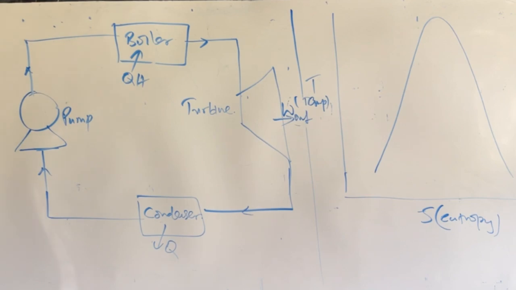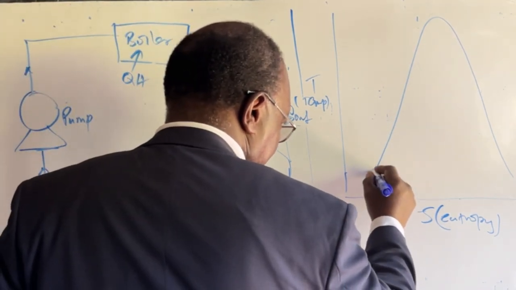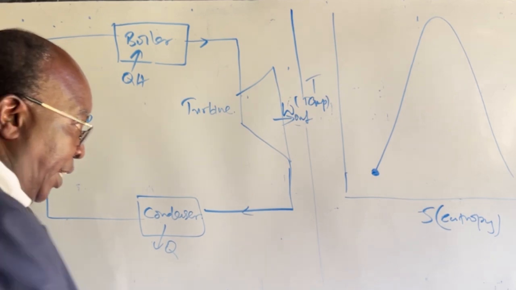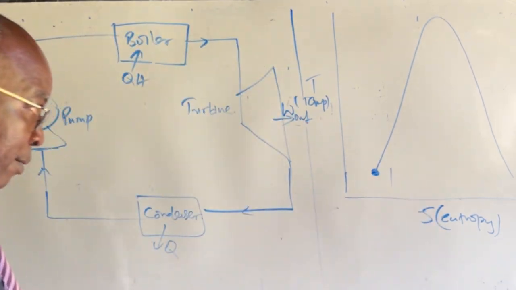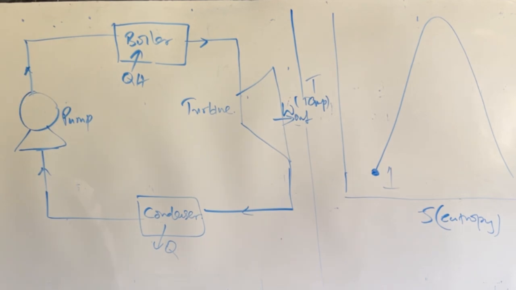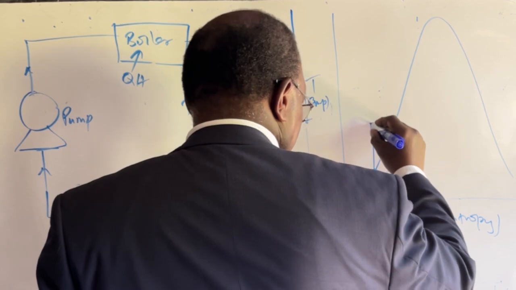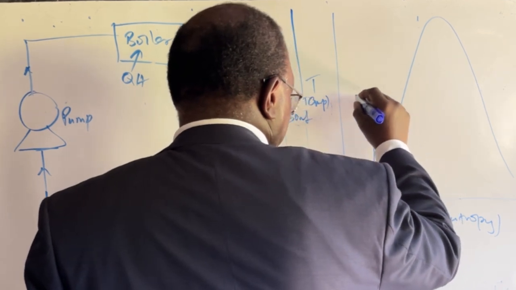then we can think of a state point 1. Let's call that state point 1, where the pressure is low. So that's state point 1. And in an isentropic process, we move to state point 2.